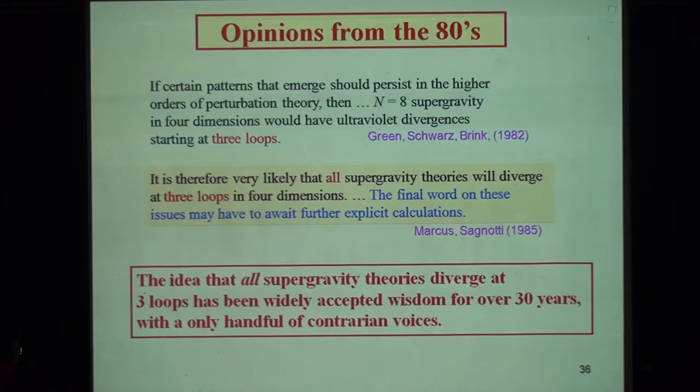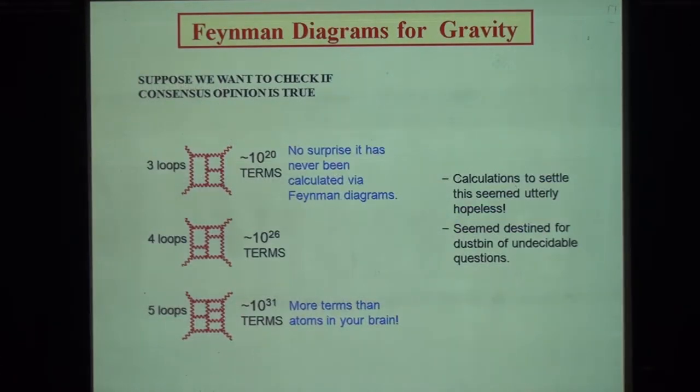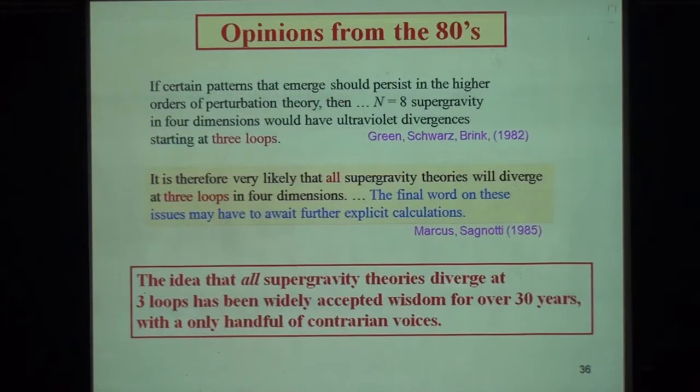So, old-fashioned kind of guys. We just want to know what the truth is by doing a calculation. We're going to use newfangled ideas, but exactly that. So, why didn't people check this? Back in the 80s, I say, okay, go do the calculation. If you look at the wording, there are certain patterns, so it's inconclusive, right?